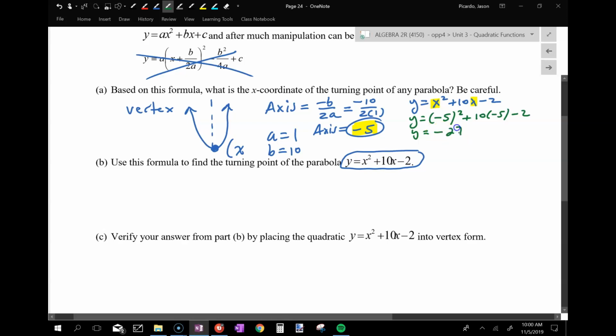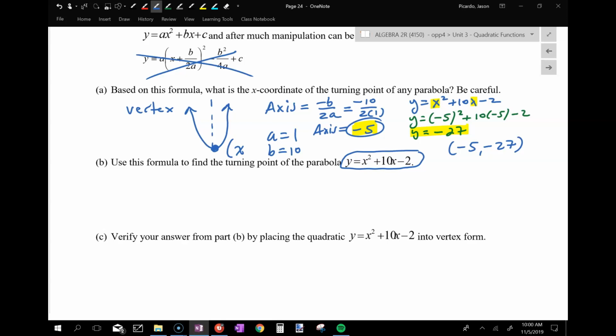That's -27. Okay. So this parabola has a turning point of (-5, -27). Guys, I think that's easier than this whole thing that I showed you, right? So that's another way to get your vertex.